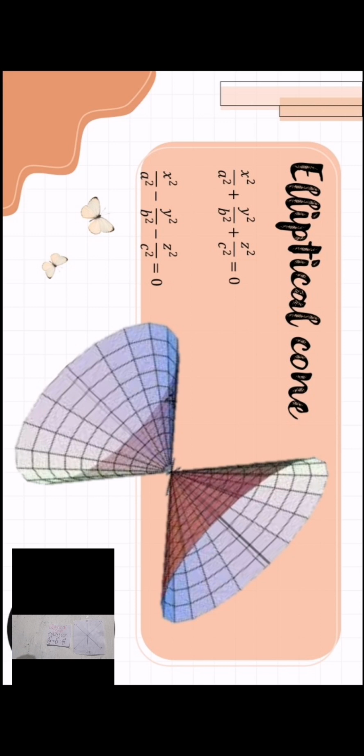For example one, in this equation x equals x squared over a squared plus y squared over b squared, and this is the graph.